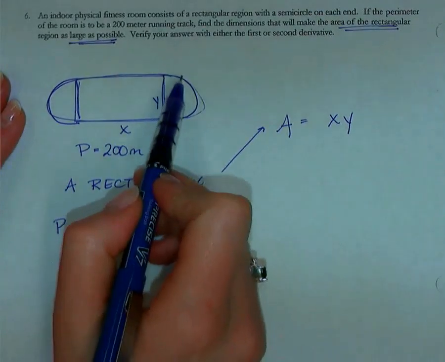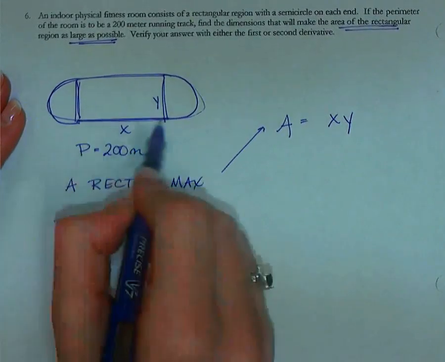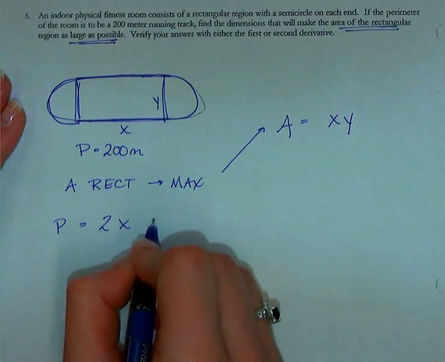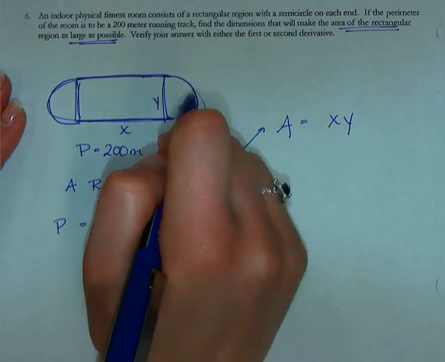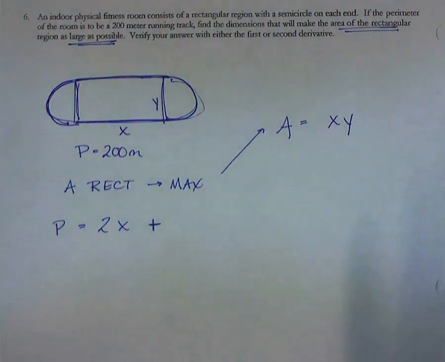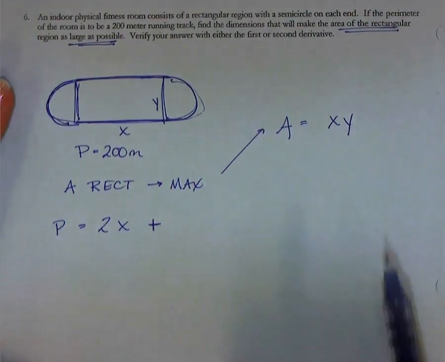If I were to find the perimeter of this track, I'd have this side and this side. So that's going to be 2x plus, if I'm going around, here's a semicircle and here's a semicircle. Put them together, you have a full circle. How do you find the distance around a circle? That's circumference. That's pi times diameter.